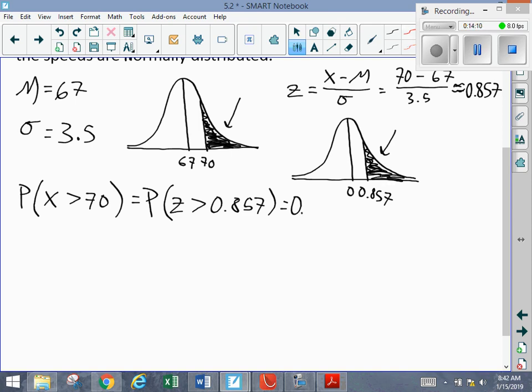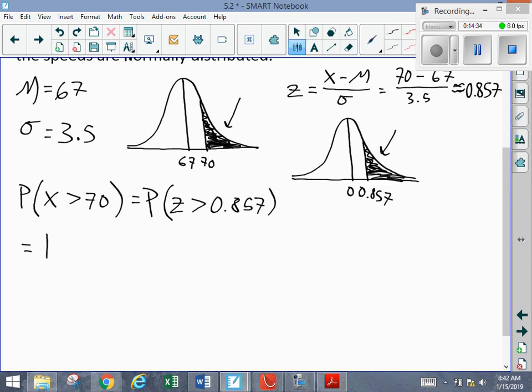What I just found here is not the probability that z is greater than. What I just found was the shaded region to the left, not to the right, right? Remember what you got to do?